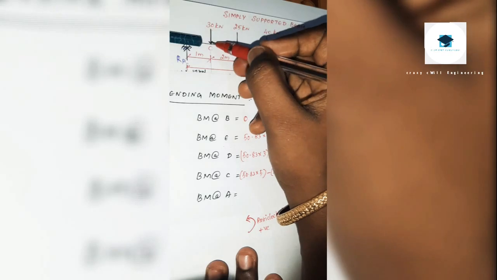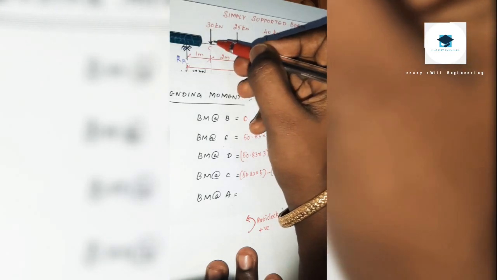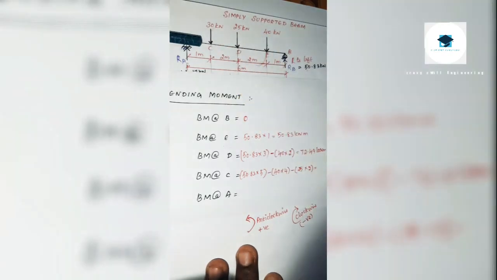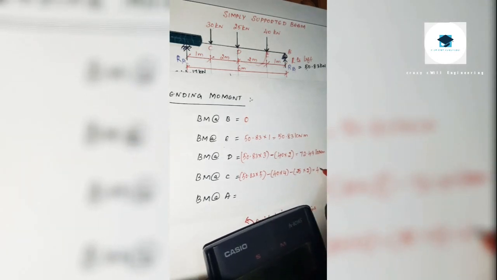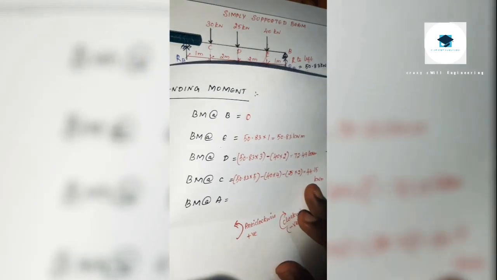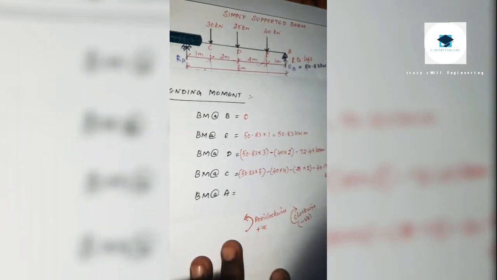Again at point C one load of 30 kilonewton is acting, but the perpendicular distance is 0, so don't consider that value. The answer is 44.15 kilonewton meter. You understand?